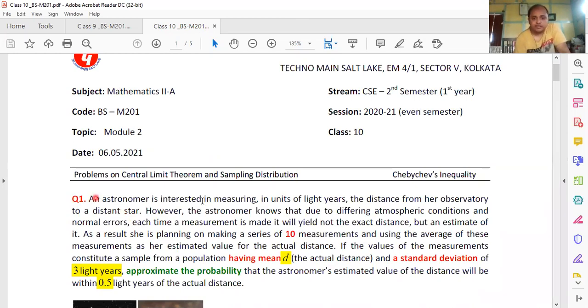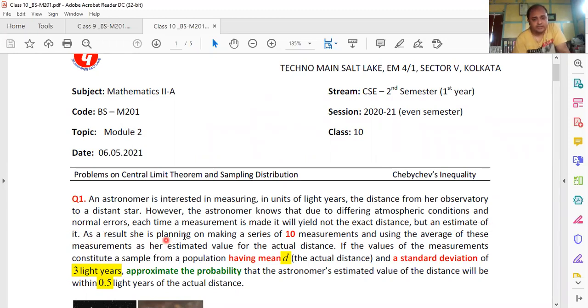An astronomer is interested in measuring, in units of light years, the distance from her observatory to a distant star. However, the astronomer knows that due to differing atmospheric conditions and normal errors, each time a measurement is made, it will yield not the exact distance, but an estimate of it.